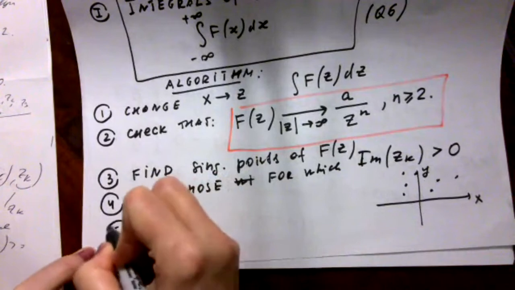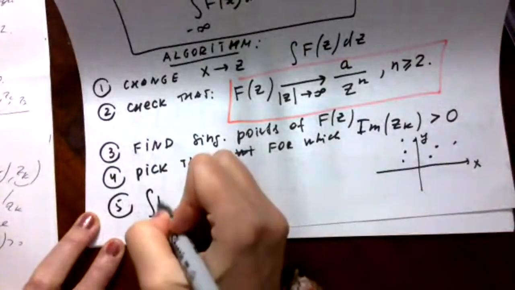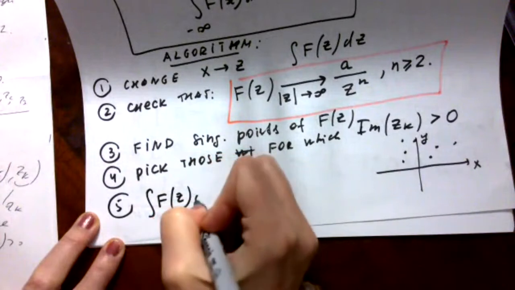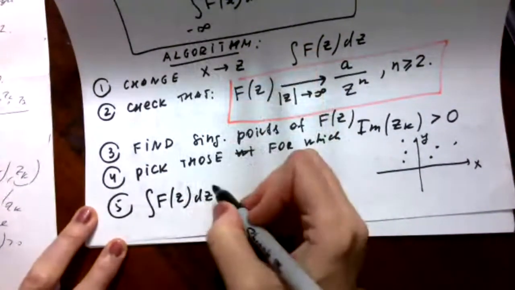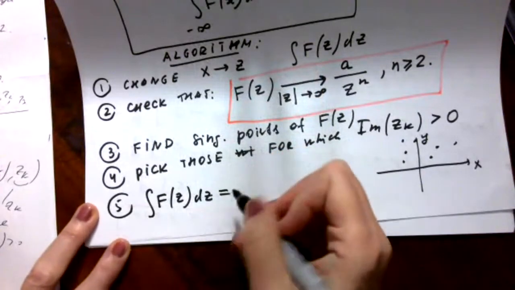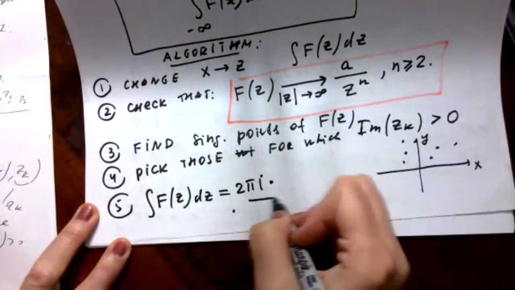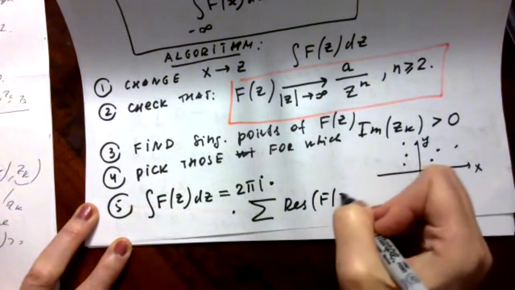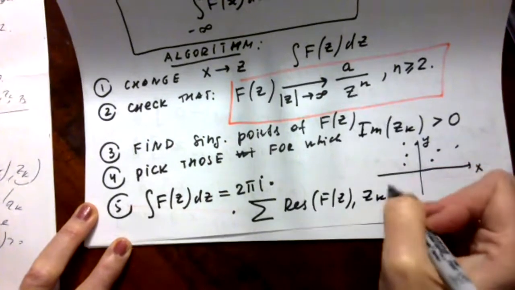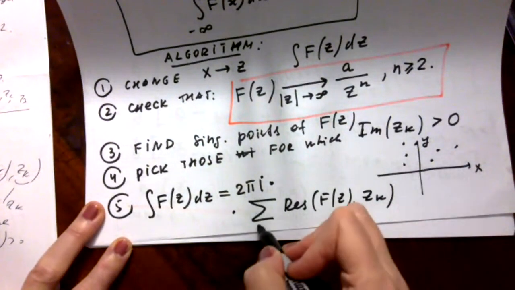Okay, finally, the final step, it turns out that your integral of f of z dz, I'm not writing anything about the limits of integration, actually is equal to 2 pi i times the sum of residues of your function f of z in these singularity points which are located above the x-axis.